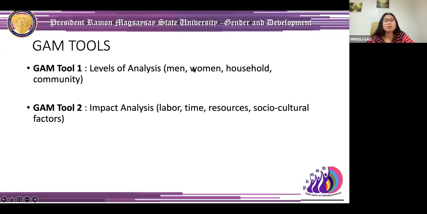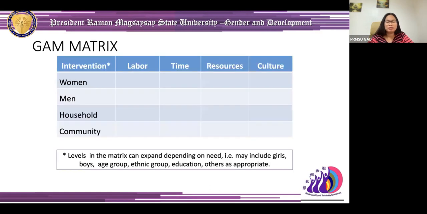Now, GAM tool 2 is an impact analysis naman, looking at how labor, time, resources, social-cultural factors are affected by the program. Okay, so yan. Meron tayong tool na pwedeng gamitin to have this analysis and also to have this impact analysis. So very simple lang po ang GAM.